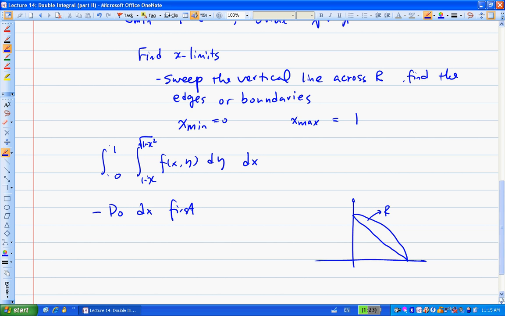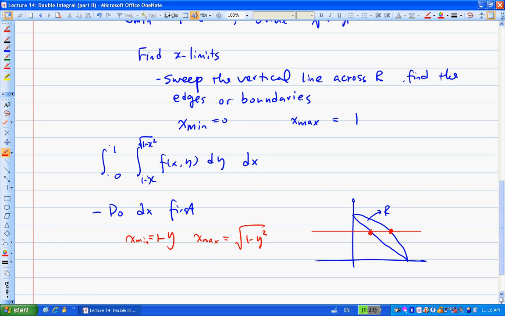So if you do x first, according to our procedure, what do you do? Instead of a vertical line, you draw a horizontal line here, right? Then you look at the first contact point and second contact point, and that'll be the x min and x max. So x min here will be, what's that? That's right, 1 minus y, and this is x max.